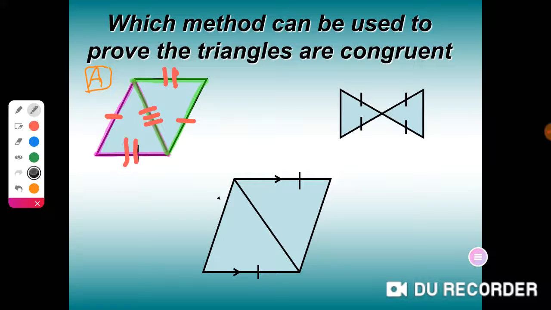So here we can prove the two triangles are congruent by using the side, side, side postulate.